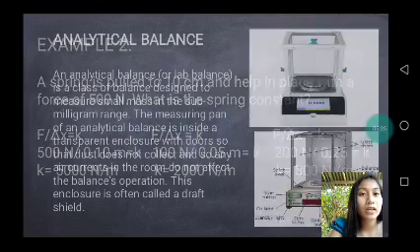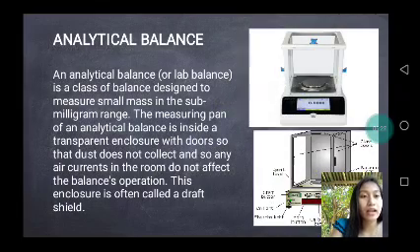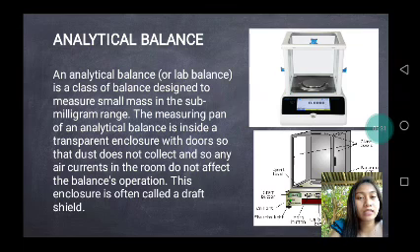So, the third subtopic is the analytical balance. Analytical balance or lab balance is a class of balance designed to measure small mass in a sub-milligram range. The measuring pan of an analytical balance is inside a transparent enclosure with doors so that dust does not collect, and so any air current in the room does not affect the balance operation.